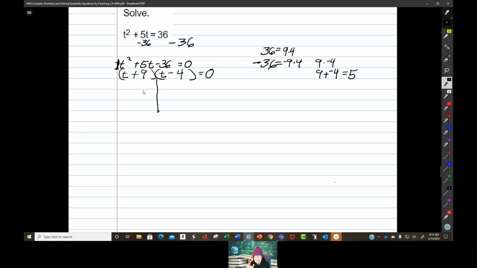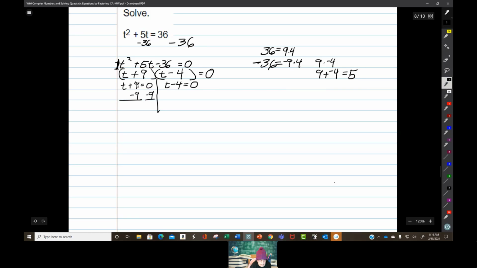So now since it's an equation, I proceed to the part about solving equations. And the way I do that is I take each factor and I set it equal to 0. So over here, I subtract 9 from both sides.